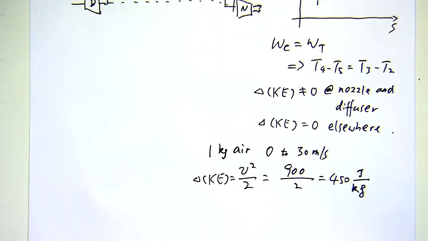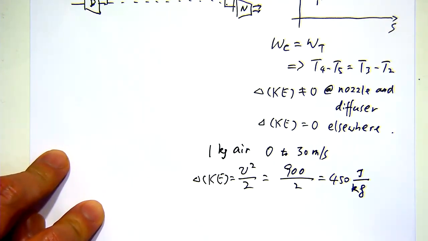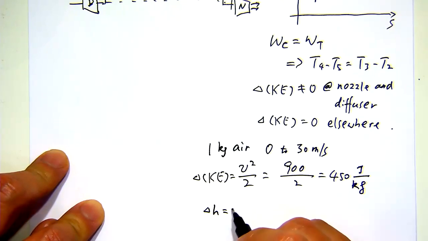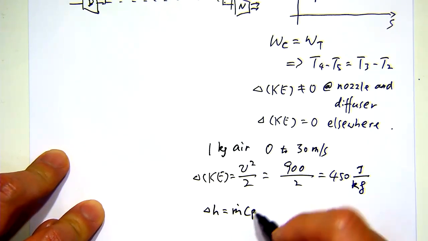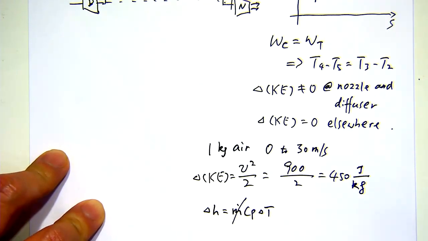If I convert this kinetic energy to enthalpy, then delta H equals m dot Cp delta T. And I'm dealing with a mass-specific value, so this m dot is basically 1.